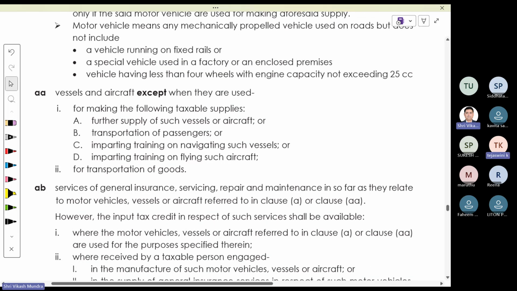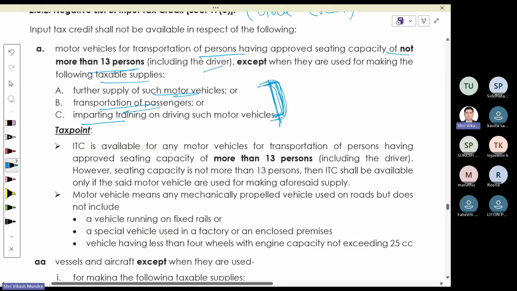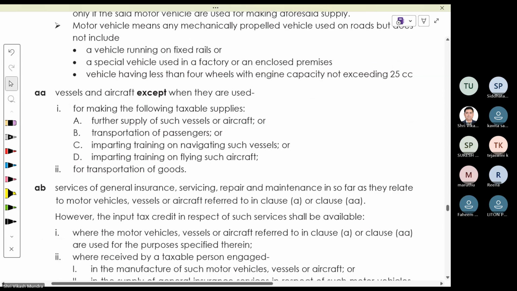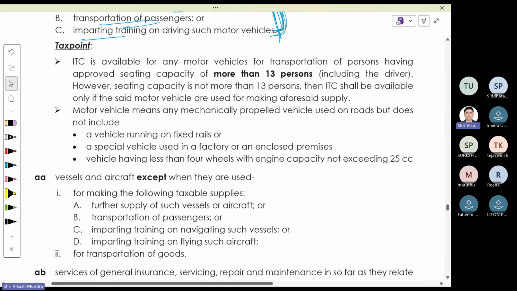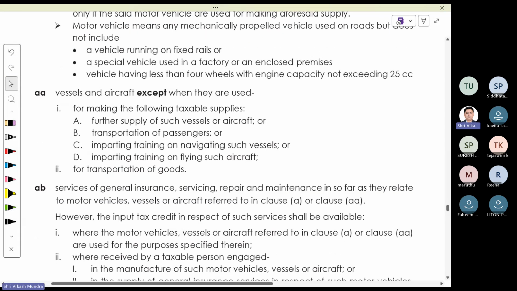Number two, vessels and aircraft, except when they are used. Again, one point you should keep in mind: transportation of persons, transportation of goods are not covered. If I bought a motor vehicle for transportation of goods, ITC is available. That means if I bought a truck, ITC would be available if other conditions are fulfilled. Vessels and aircraft, same concept.